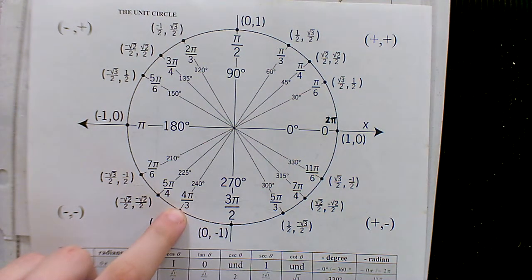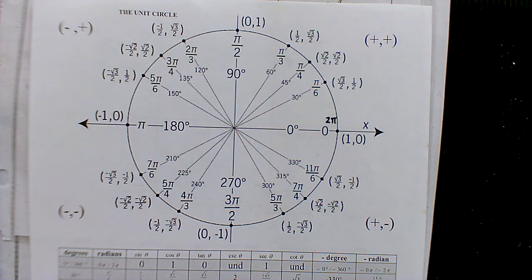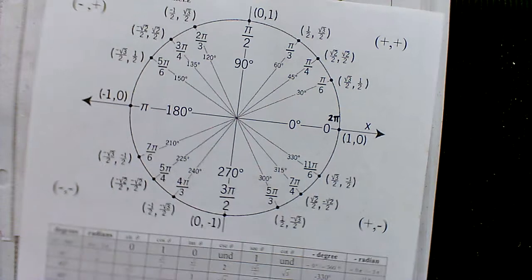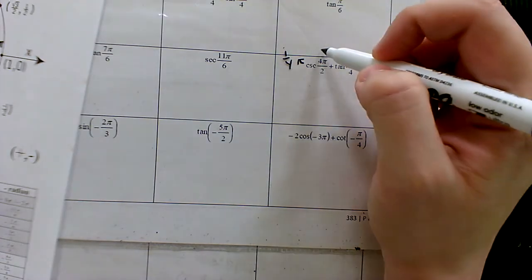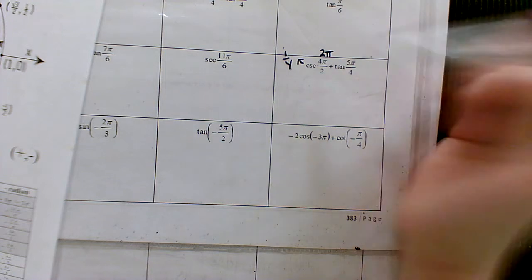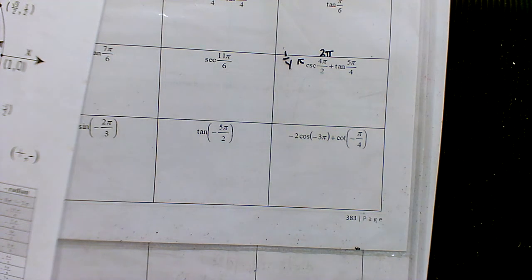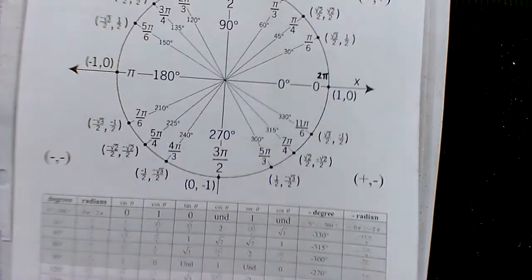I see a 4 pi over 3. Is there a 4 pi over 2? Yeah? You have to completely simplify it. We can simplify it, right. 4 divided by 2 is simply 2. So this is the same thing as 2 pi. Is 2 pi on the unit circle? Yeah, we'll go ahead and find it.